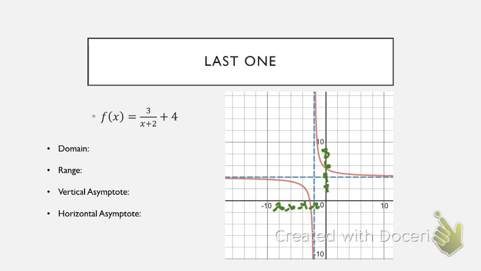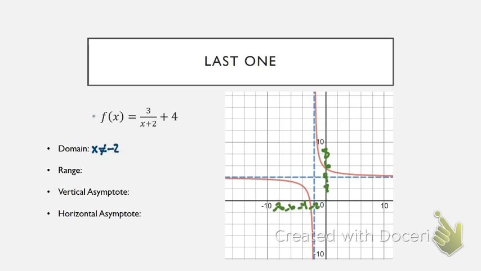So any x value that I plug in that causes problems, it makes me divide by 0. So 3 over x plus 2. So there's x plus 2 in the denominator. So that means if I have an x value of negative 2, we have issues. So I cannot, under any circumstance, have an x value of negative 2. So x will not be negative 2.